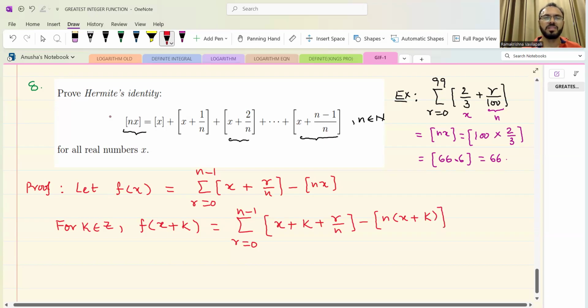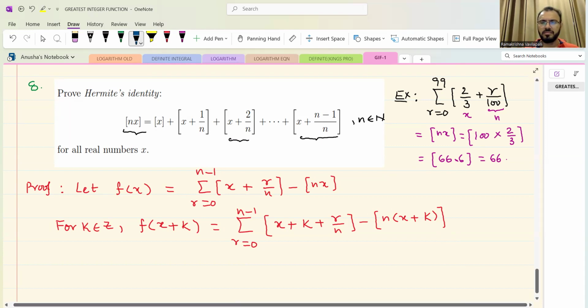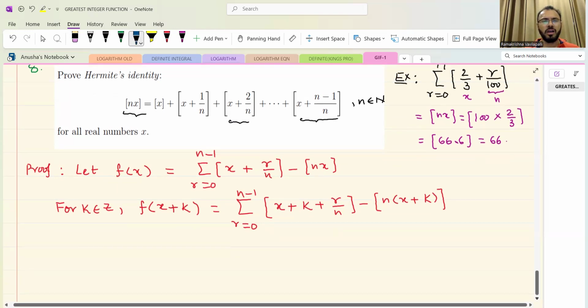Please try to remember once again what is the integral part of x plus 1. You can bring out that integer from the greatest integer function. That I am going to do now. This is equal to, you can bring this k outside of the integral part because that is an integer.